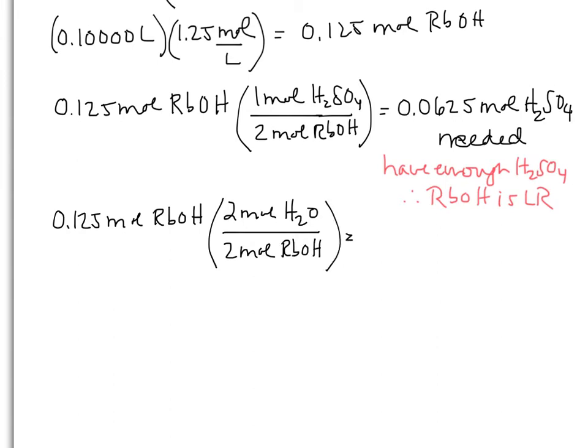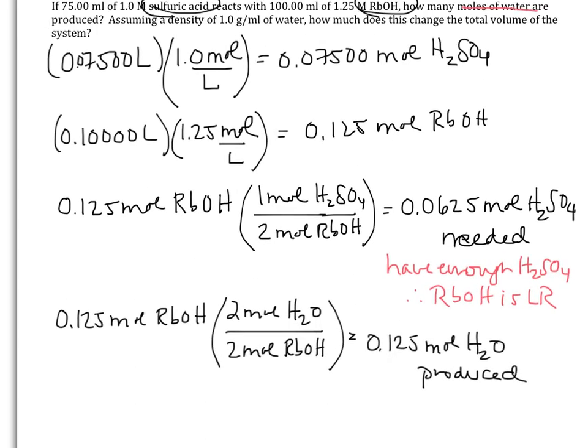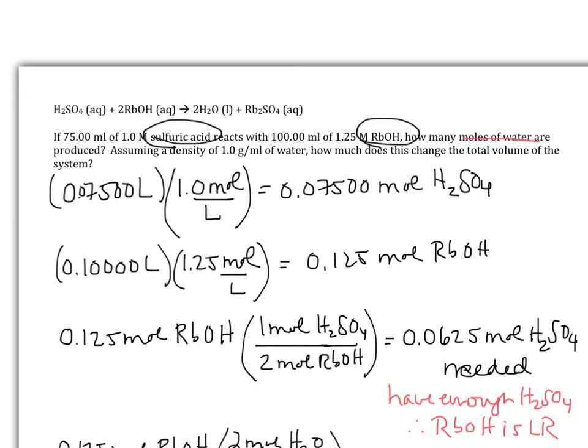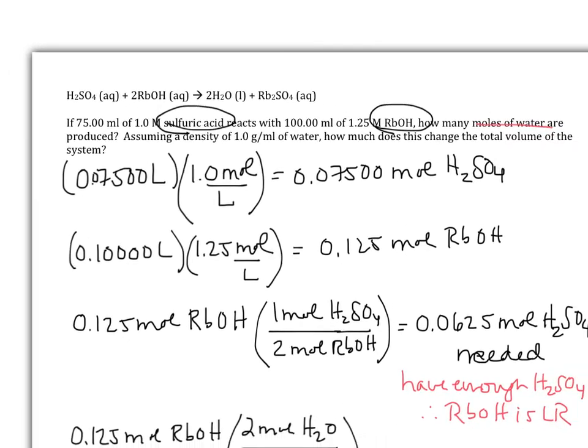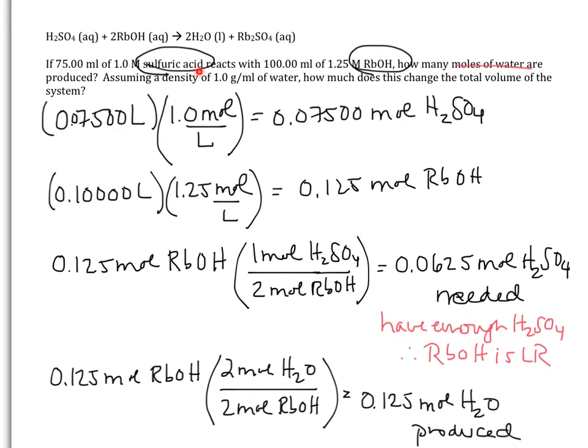And so that, of course, is a 1-to-1 ratio or a 2-to-2, and so that gives us 0.125 moles of water produced. Okay, so that tells us that if we have this amount of sulfuric acid and this amount of rubidium hydroxide, we're going to get 0.125 moles of water.